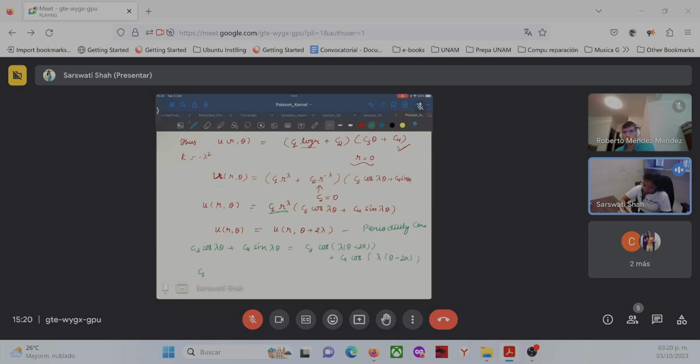So C3 times cos lambda theta minus cos lambda (theta plus 2 pi), plus C4 times sin lambda theta minus sin lambda (theta plus 2 pi).